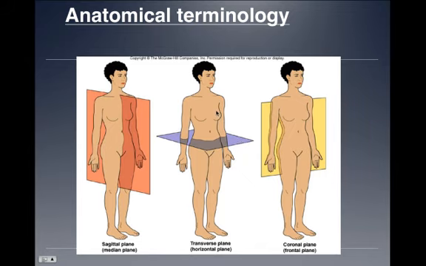It just has to separate the body into superior and inferior halves. And then our last one is what we call the coronal plane, which divides the body into anterior and posterior parts. So here's your coronal section, dividing the body into the anterior front part and posterior back part. So we call that a coronal section.